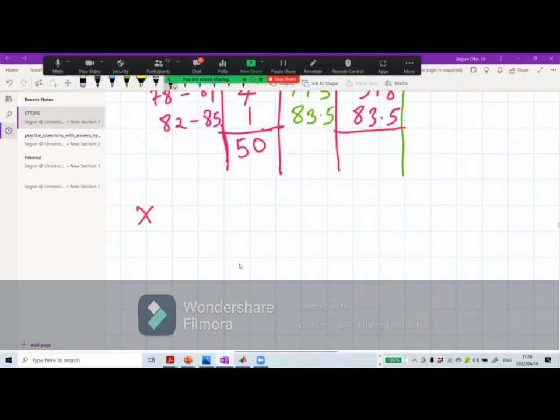Our x bar is summation fxi divided by summation f. So what is summation fxi? 3,347. Do we all agree?